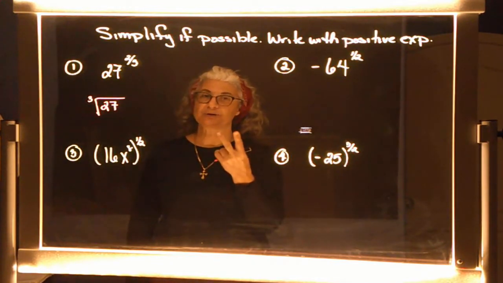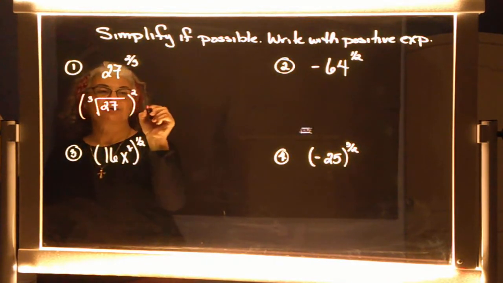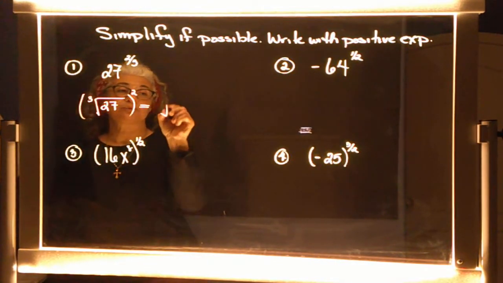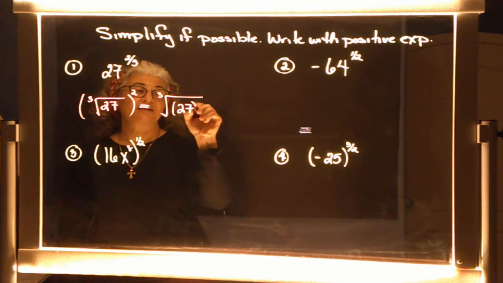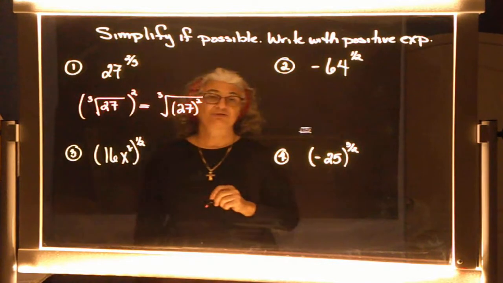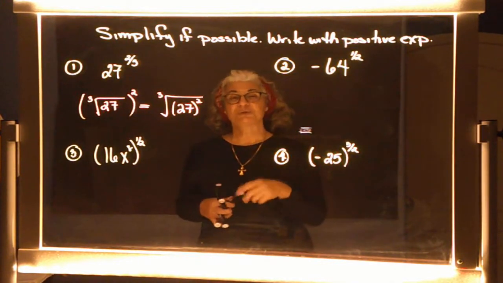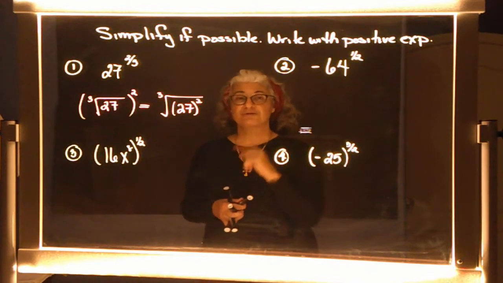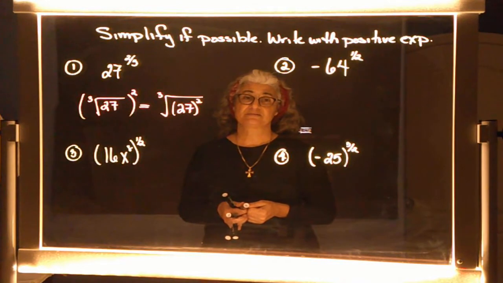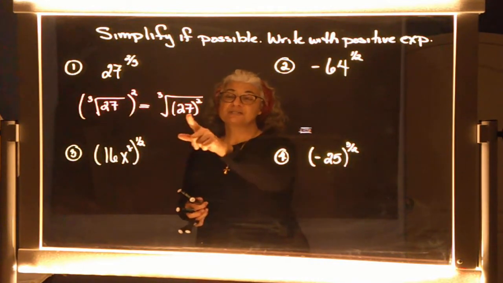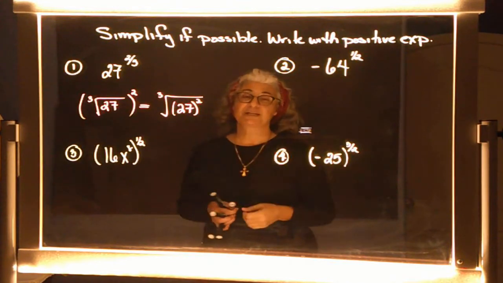Remember, there's 2 ways of writing that second power. I can write the whole thing to the second power, and that is actually equal to me taking the cubed root of 27 to the power of 2. Remember, both of those are exactly the same. So here's the deal. It's your choice on how you're going to figure this out. I don't have a calculator in my hands. So if I want to figure out 27 to the power of 2, I'm going to need my calculator.